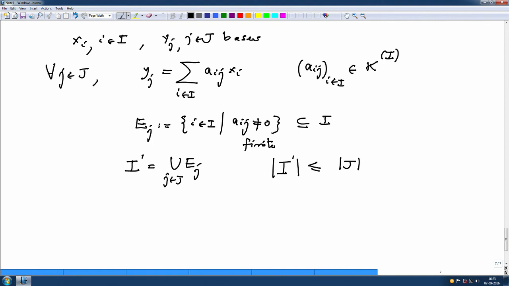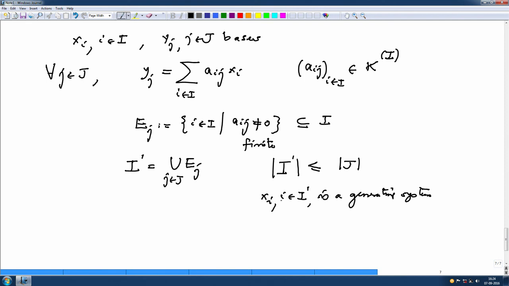This is one thing, and another thing is, if I just take only all x_i's where i varies in I prime, this is a generating system. Because once I have all these indices i, then I capture all y_j's.